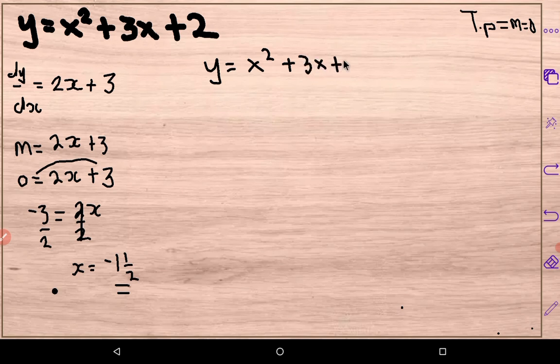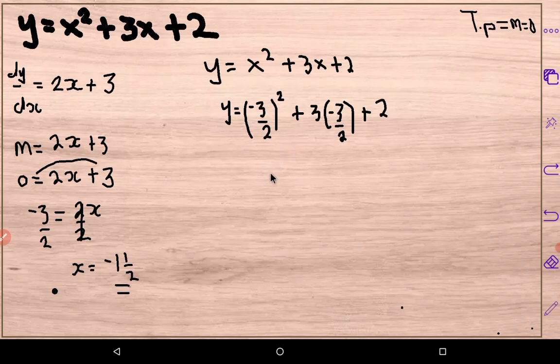To get the y now, because we found the x value, we're going to replace x with negative 3 over 2. So y is equal to negative 3 over 2, squared, plus 3 times negative 3 over 2, then plus 2.